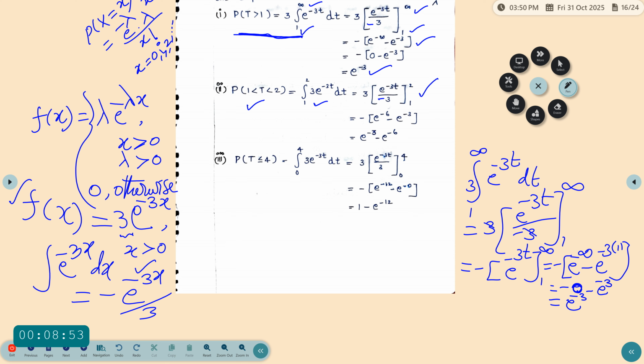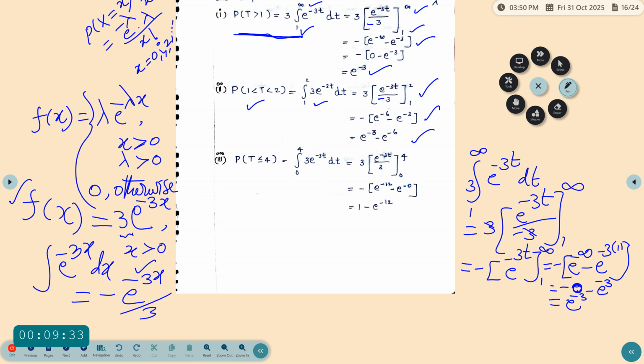The 3 and 3 cancel. We get minus, upper limit substituted for t, e power minus 3 into 2 equals e power minus 6, minus the lower limit 1, e power minus 3. So the answer is e power minus 3 minus e power minus 6. Using a calculator we can compute e power minus 3 and e power minus 6 and subtract to get the required answer.